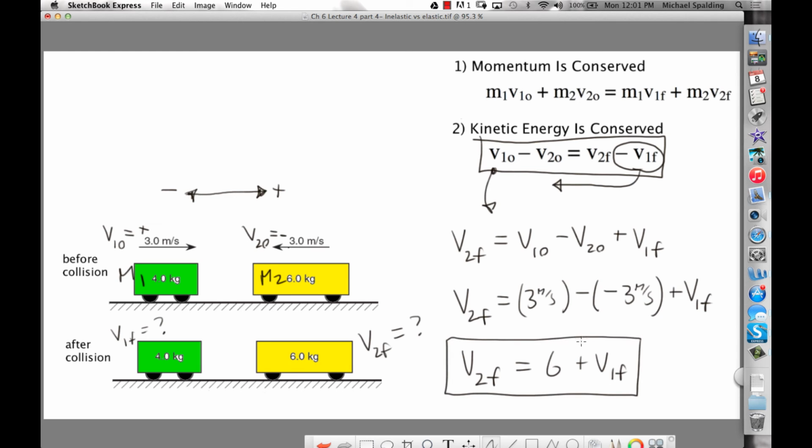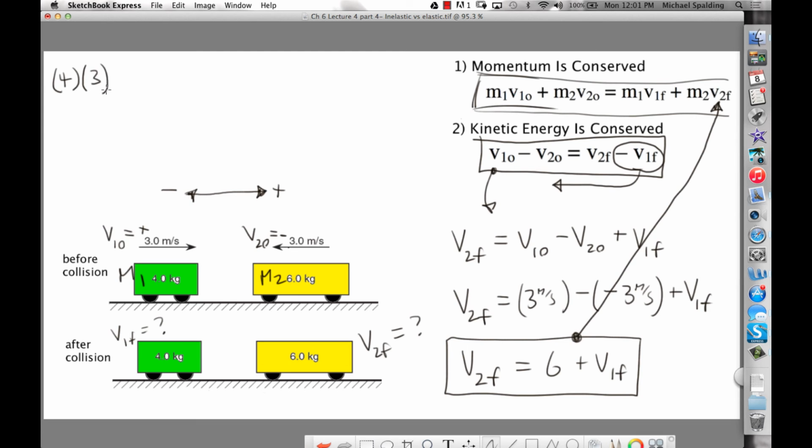Okay, so we take this equation, plug it in up here. So now we're working with the conservation of momentum equation. We're just substituting two equations here. So I'm going to plug into the conservation of momentum equation. M1 is 4. You know what, guys? I'm going to leave units off because I'm not going to have room with the units on, so I apologize. So that's 4 kilograms. V1 initial is 3 meters per second. M2 is 6 kilograms.